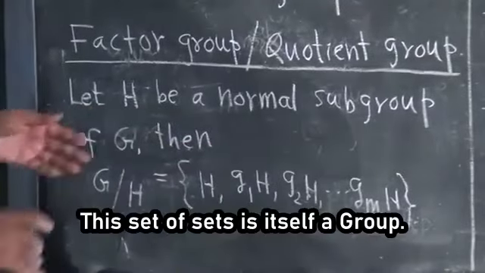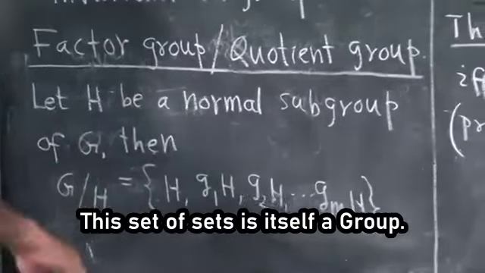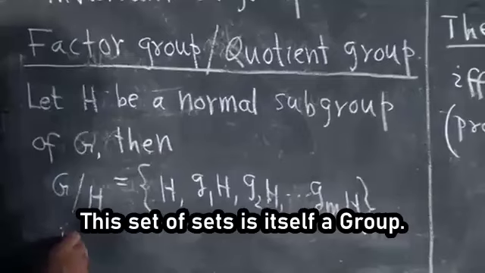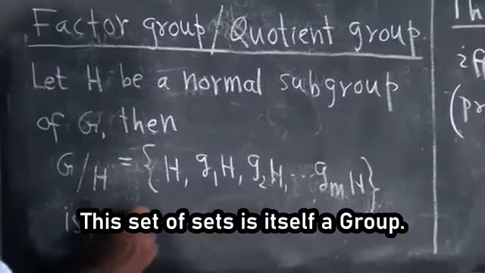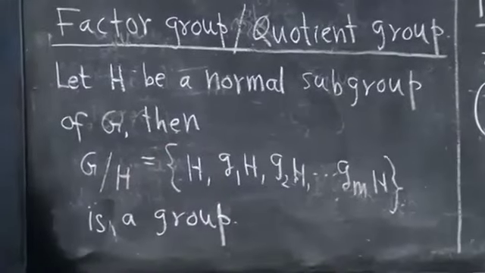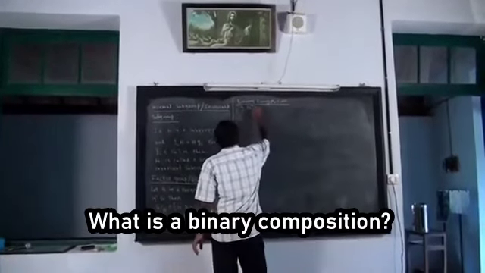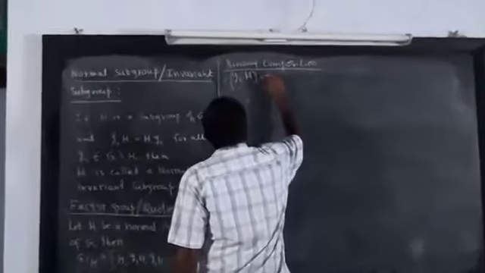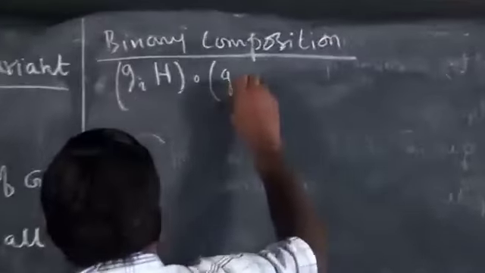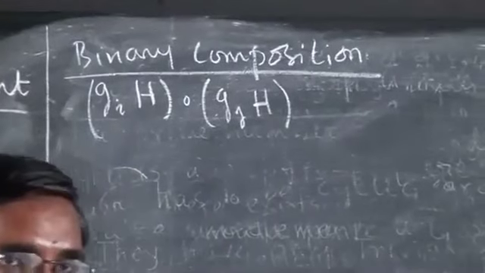Okay. This set of sets is itself a group. What is the operation? The operation is the following. What is the binary composition? giH multiplied by gjH, because here the 2 elements are 2 cosets, remember.